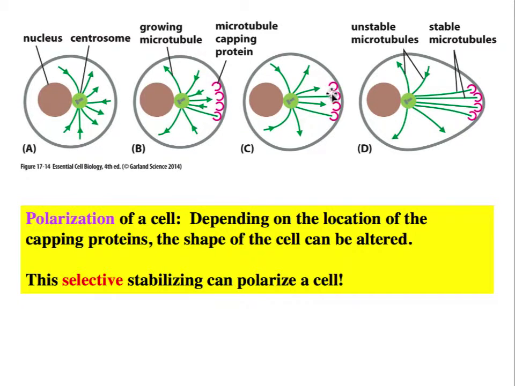Once they're stabilized, they will then position the cell into this polarized orientation by continuing to grow and pushing the apex of the cell forward. The centrosome is normally present in one quantity, and it has to be present on one side of the nucleus. So even within a cell, there's orientation, and that's important. Cells are normally polarized depending on the position of their centrosome.